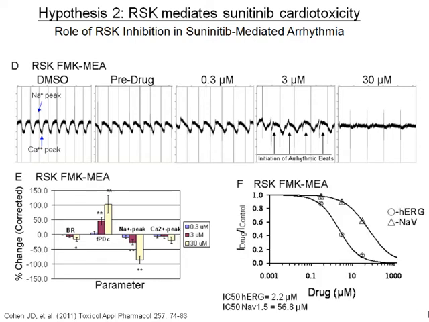So similarly, I looked at using the Patch Express with the cells that are overexpressing hERG and the sodium channel, and I saw very potent inhibition of hERG, but a much less significant or not significant at all inhibition of the sodium channel. Therefore, it appears as though the iPS cells may be more predictive of the inhibition of the sodium channel than overexpressing NaV1.5 in the Chinese hamster lung cells.